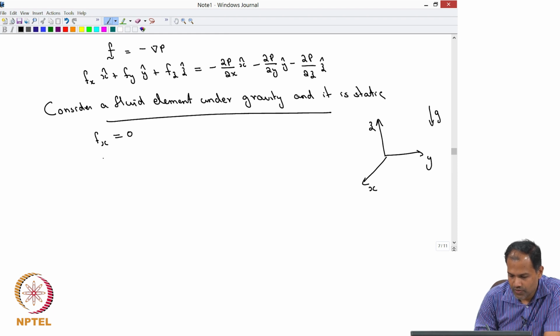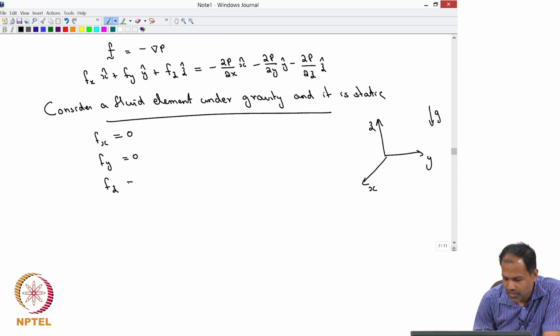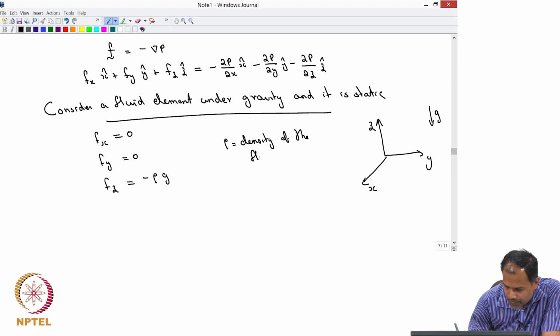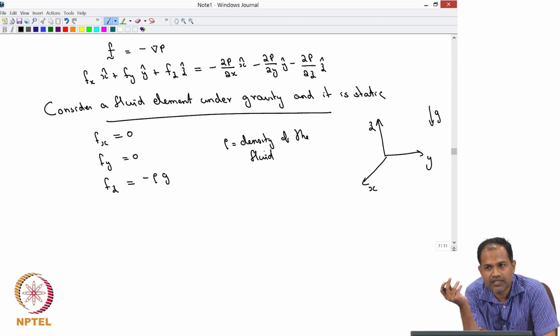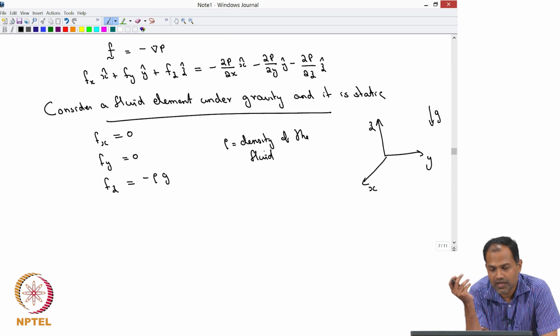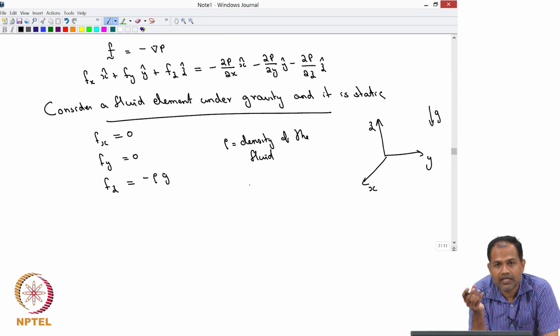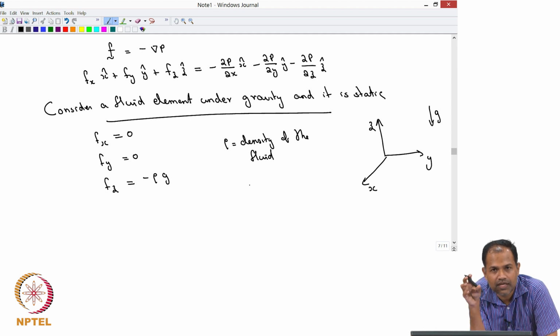So, f x is equal to 0, f y is equal to 0, but f z is going to be minus rho times g, where rho is the density of the fluid. So, you know that weight, so gravitational force is nothing but weight. Okay. So, the weight is given by mass times g, or it can be also written as volume times density times gravity.